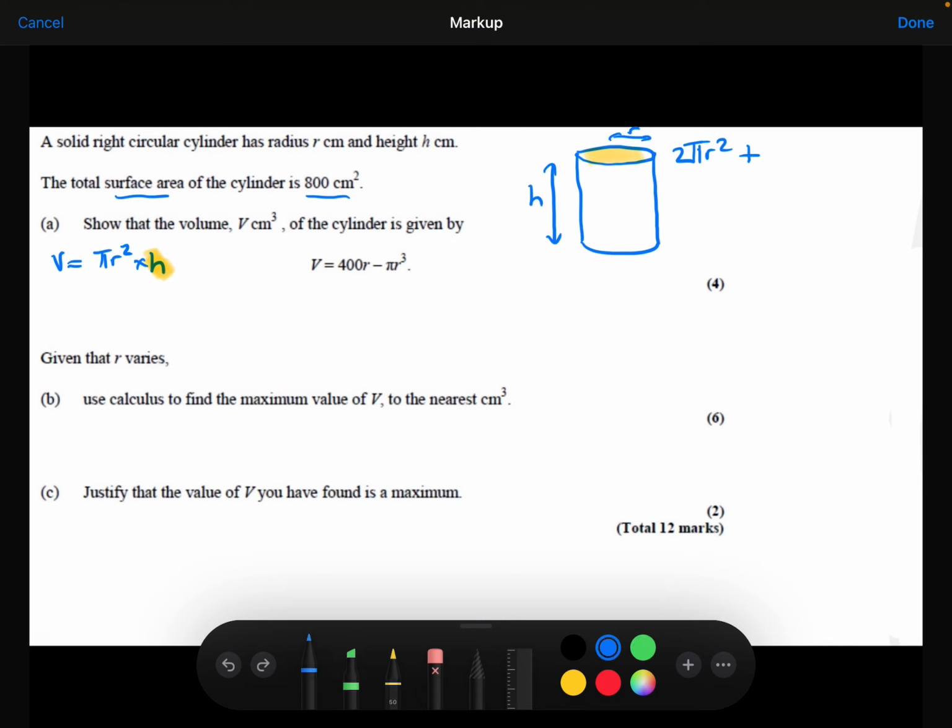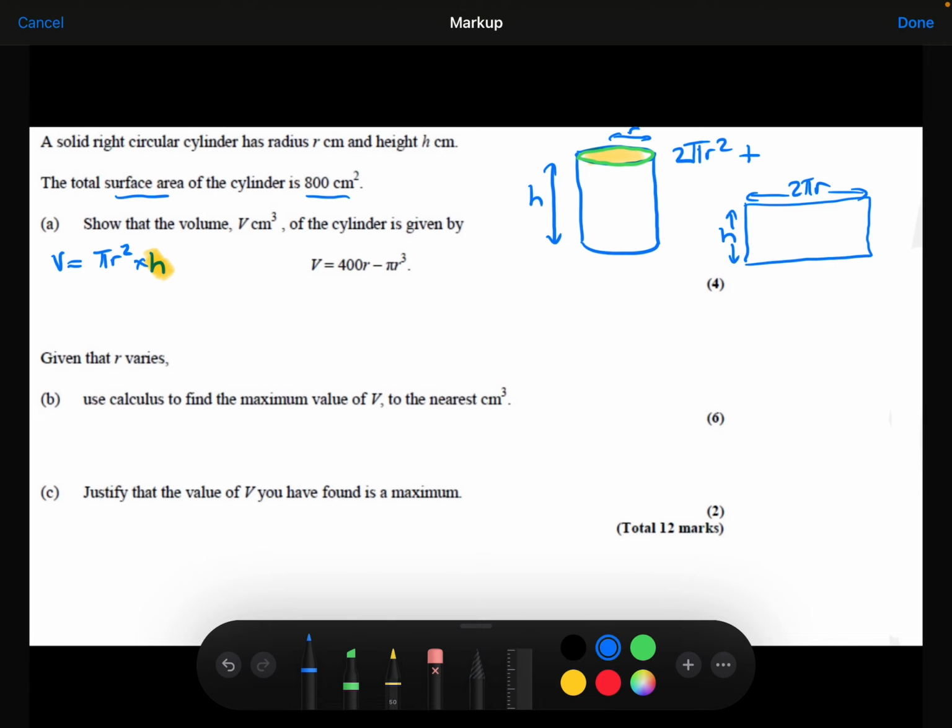That rectangle would look like this, where this is the height of the cylinder, h, and this length here is the length that wraps around the circle at the top, which is basically the circumference of the circle, which is 2 pi r.